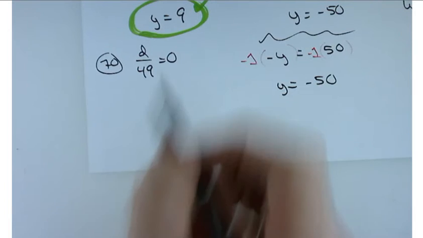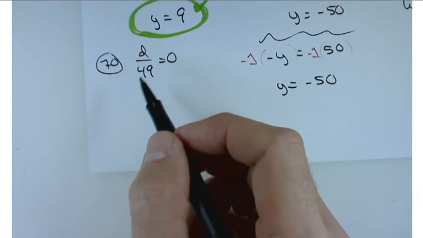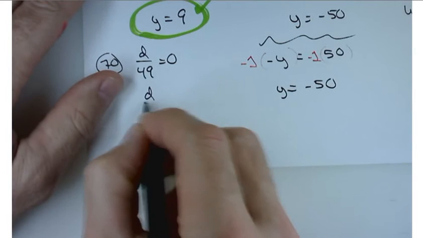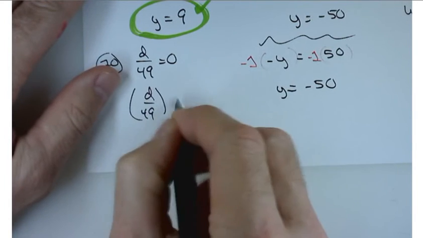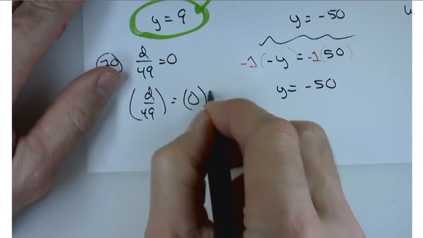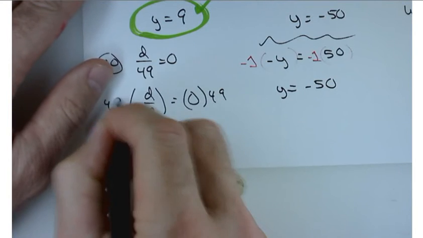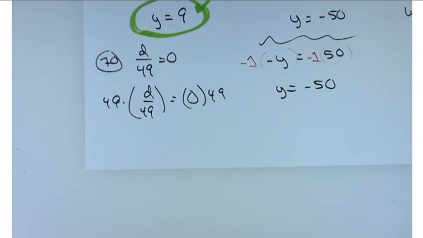Good. The opposite of dividing by 49 is to multiply by 49. So D over 49, now I have to multiply both sides of the equation. And that's an important thing to keep in mind: whatever you do to the left-hand side of the equation, you also have to do to the right-hand side. So you have to treat both sides the same.